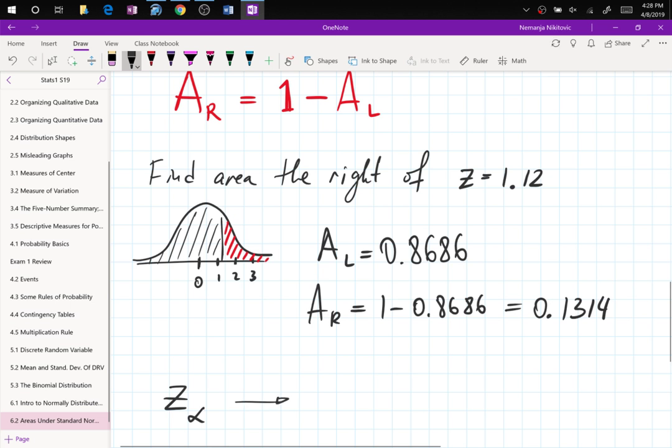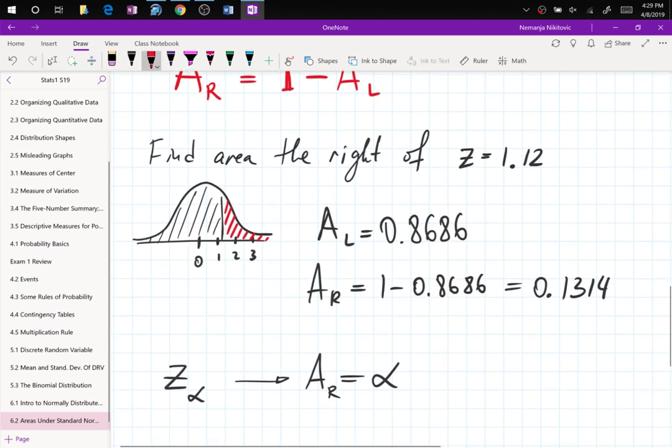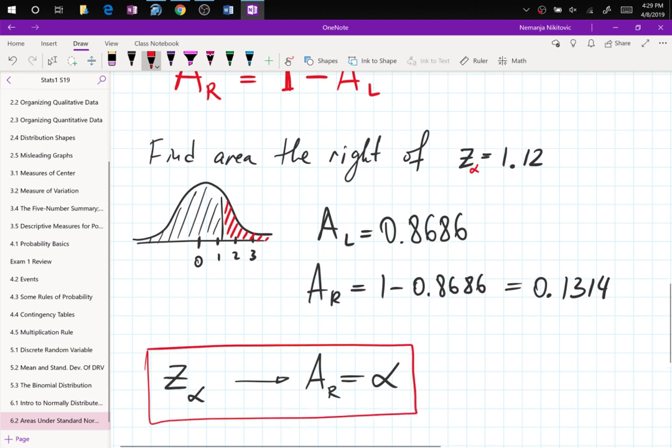So that gives us the area which is called alpha, which is area to the right. So this is a notation.